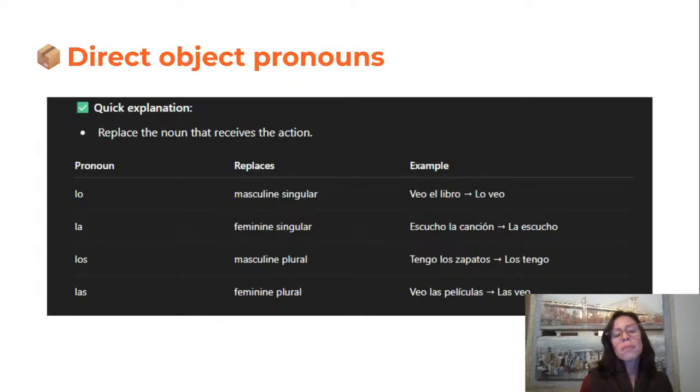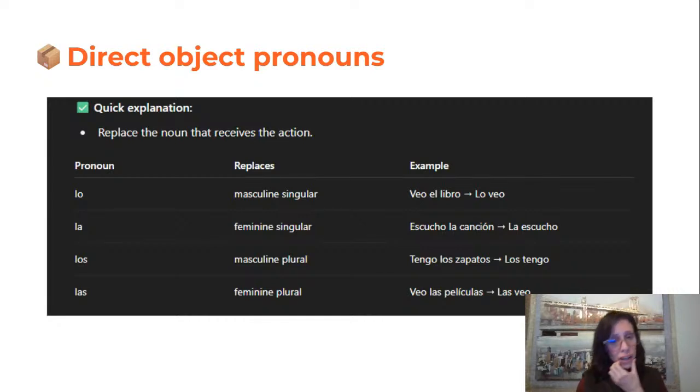Maybe you guys already spotted the fact that la is the same word as la, the article. How will you spot the difference? The difference lies in the fact that la followed by a noun is an article.